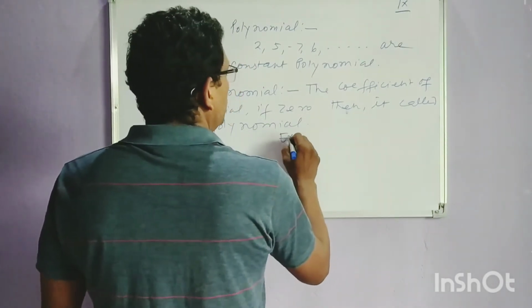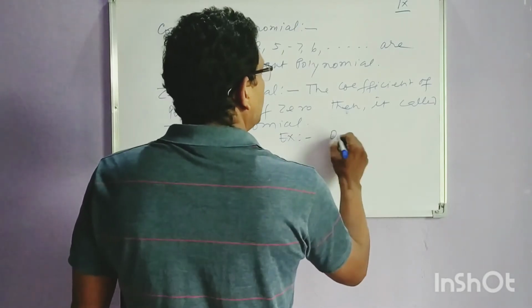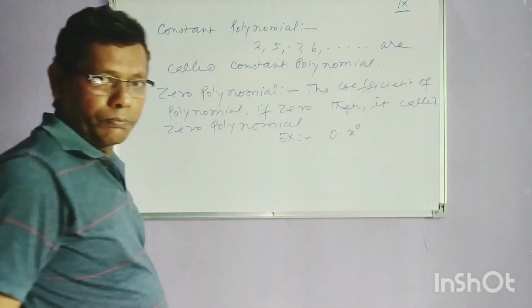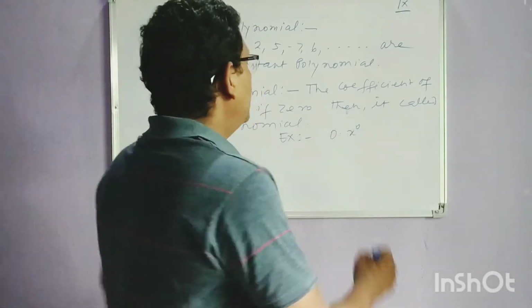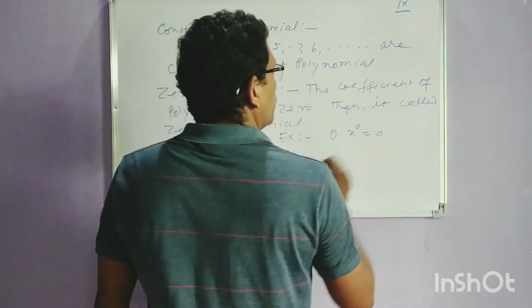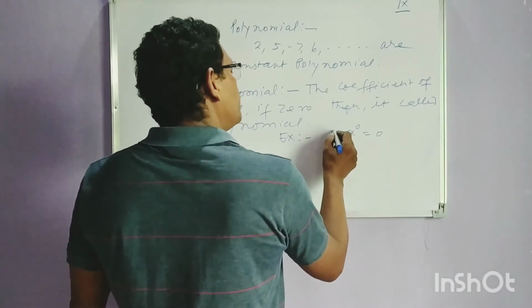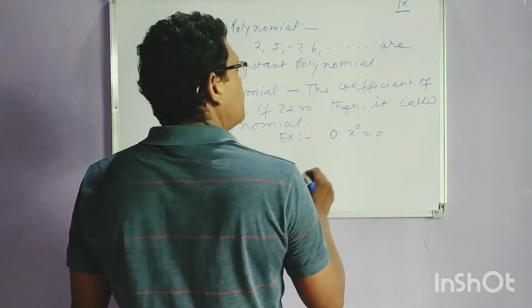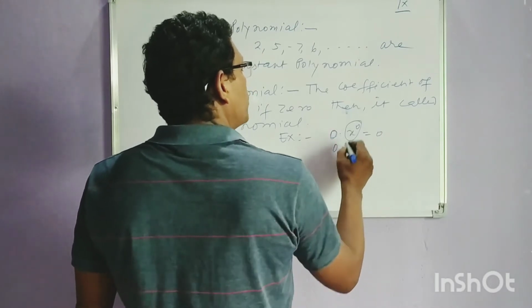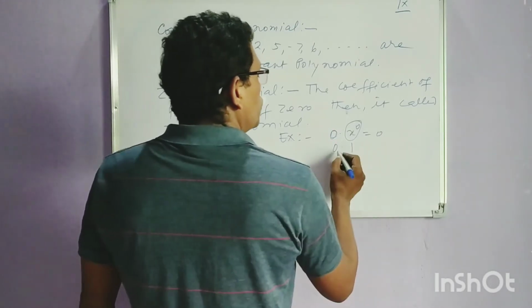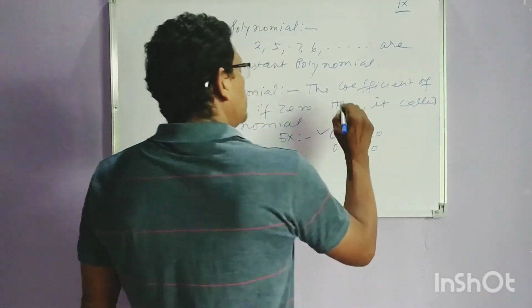So for example, you can write zero polynomial like this: 0 into x to the power 0, plus 0 into x to the power 0, plus 0 into x to the power 0. Its value will be 0. Why? Because here 0 is the coefficient and the value of x to the power 0 gives 1. So 1 into 0 is equal to 0. So this is the zero polynomial.